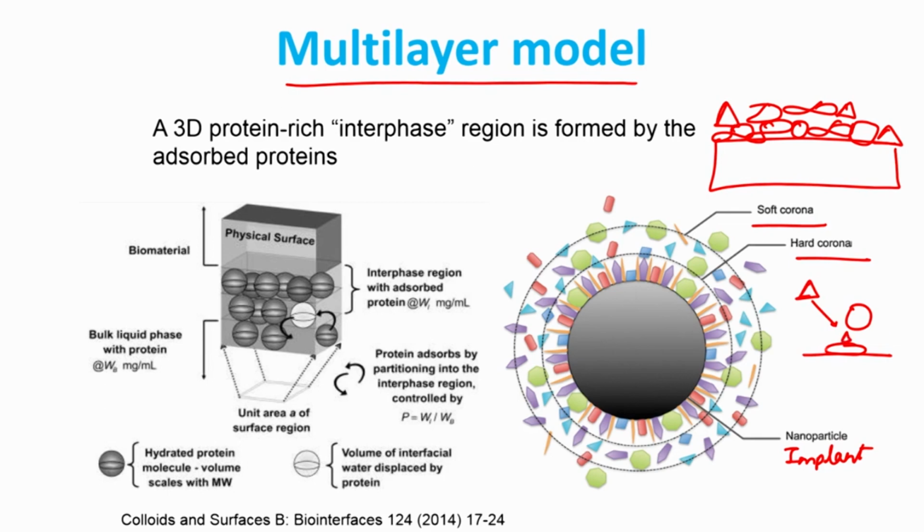So, that is why you get the soft corona, and it may not be a very strong interaction at that point, but there is still some interaction to it. As again depicted here, you have a physical surface, then some amount of protein comes, and then some other protein comes on top of those proteins, and this essentially creates a whole corona of protein around a particle.